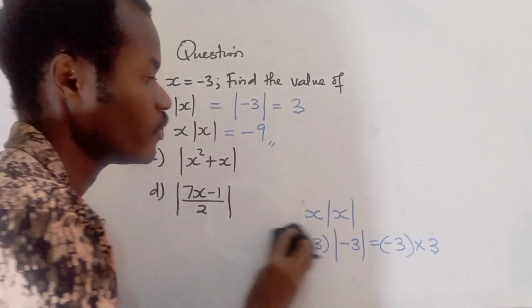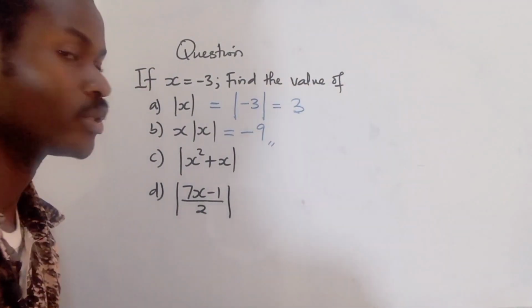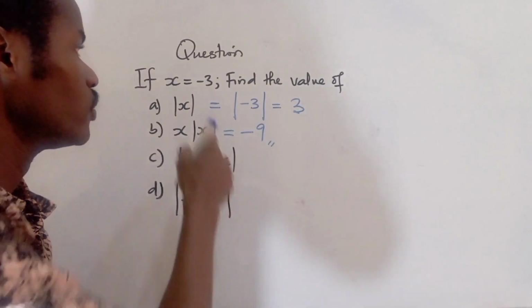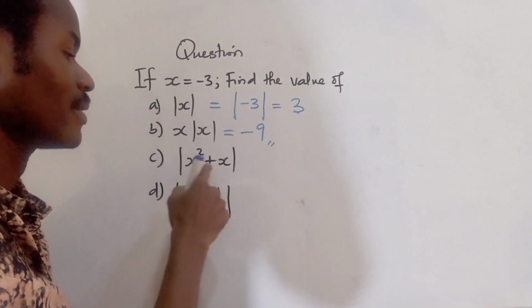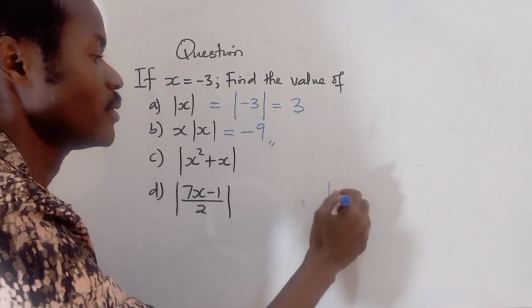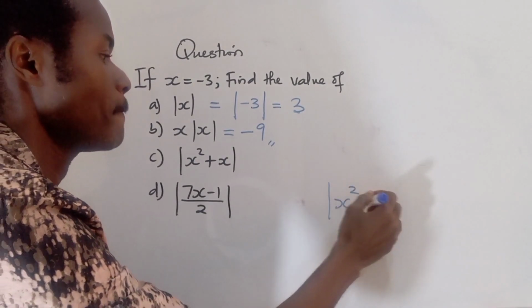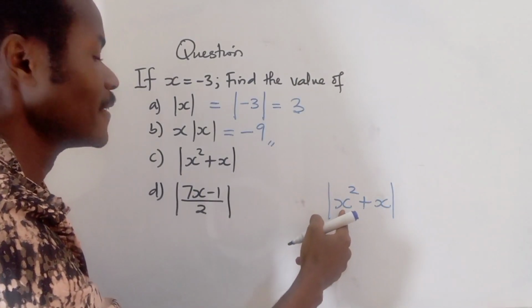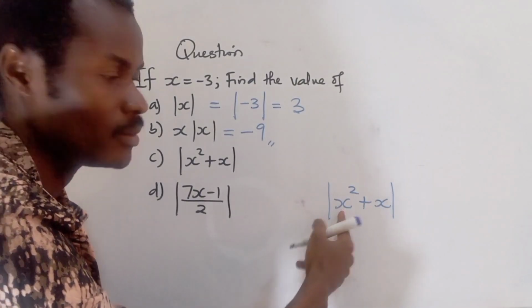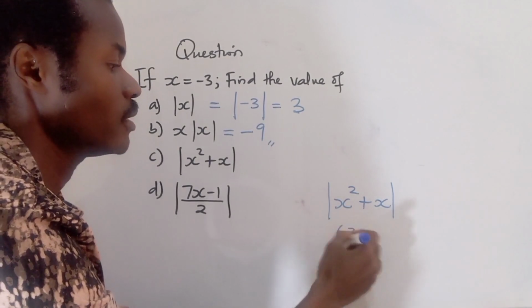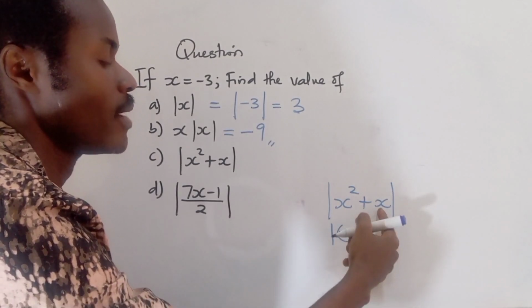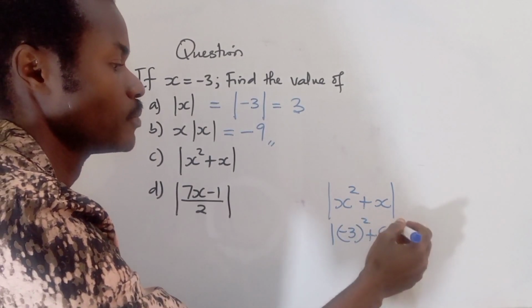Let's solve the third one. All we need to do is input the value of x here and solve this. So we have the modulus of x squared plus x. Our x is, remember, minus 3. So we have minus 3 all in bracket squared plus our x, which is also minus 3.